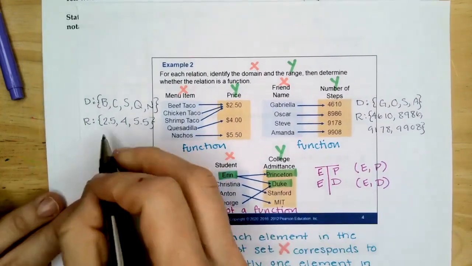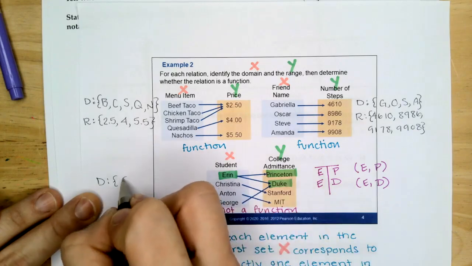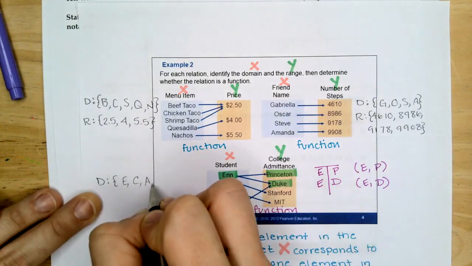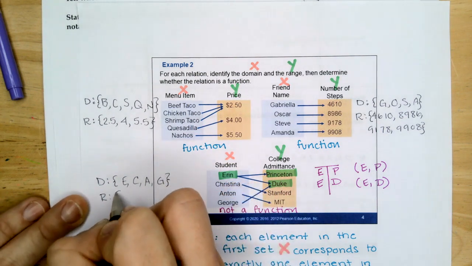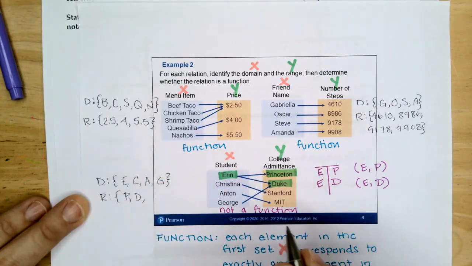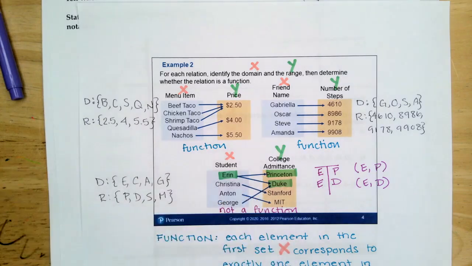Good. Here, my domain is Aaron, Christina, Anton, and George. My range is Princeton, Duke, Stanford, Massachusetts Institute of Technology.